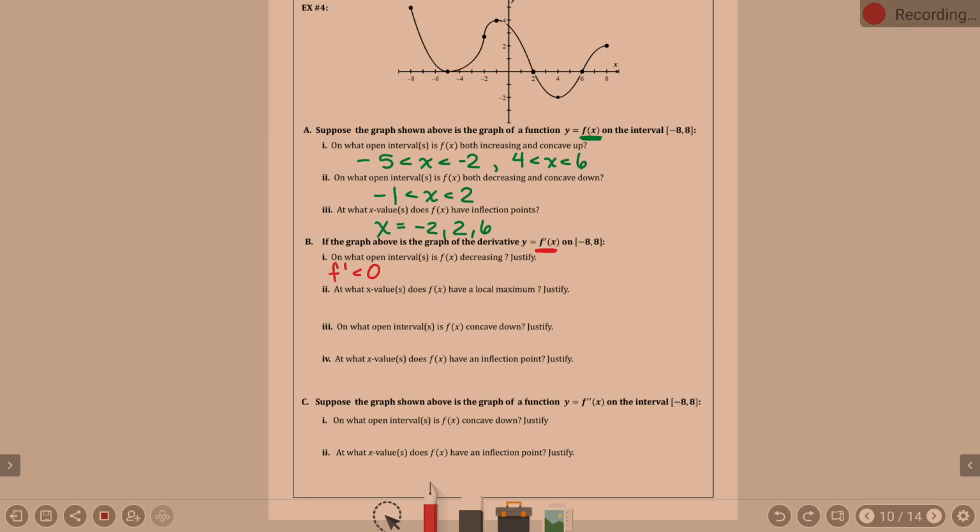So the question is when is f decreasing? You're looking at when the derivative is negative, so we look at when the graph is below the axis. This right here is f prime, but the question is about f. So between 2 and 6.